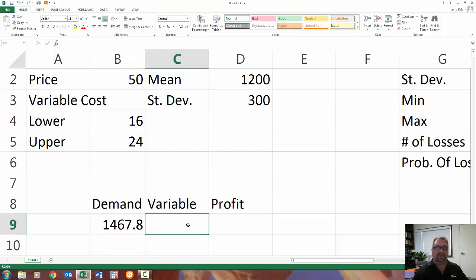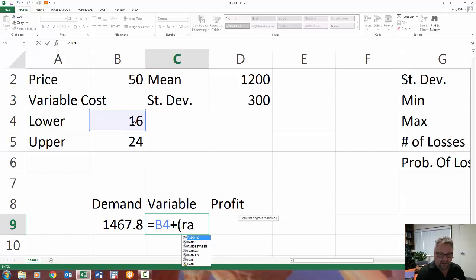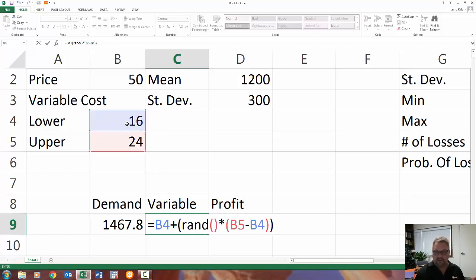Okay, the variable cost. This follows a continuous uniform distribution bounded between 16 and 24. So we need to use that formula. So that formula is my lower bound plus my RAND function times the difference between my upper and lower bound. And there you go.